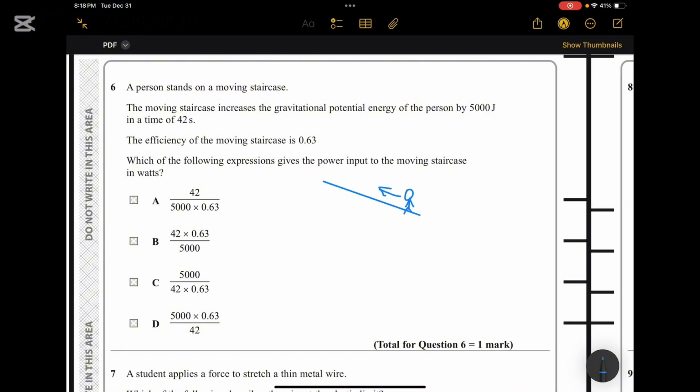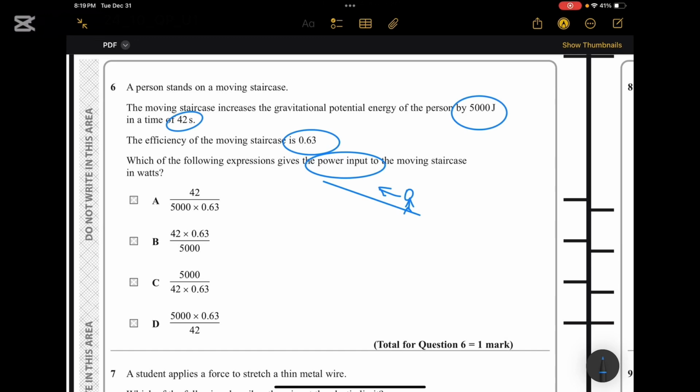So when someone gains height, they also gain gravitational potential energy. The moving staircase increases the gravitational potential energy of the person by 5,000 joules in a time of 42 seconds. They have given us the efficiency as 0.63 and asked us to find the power input.